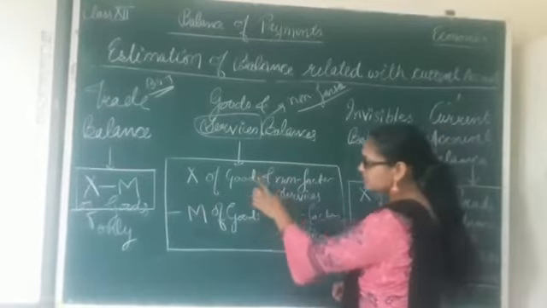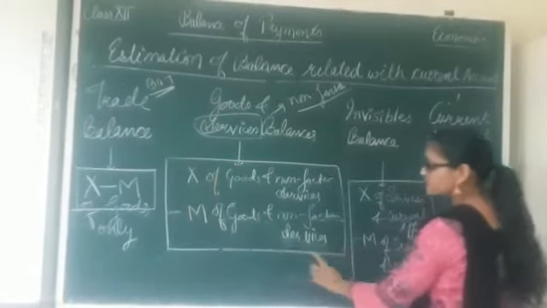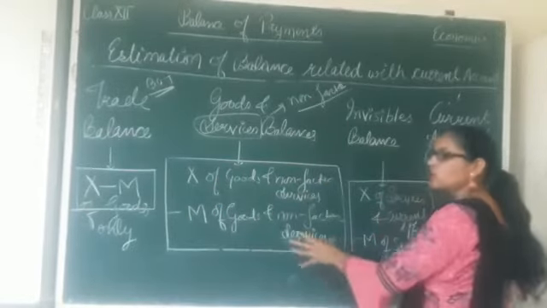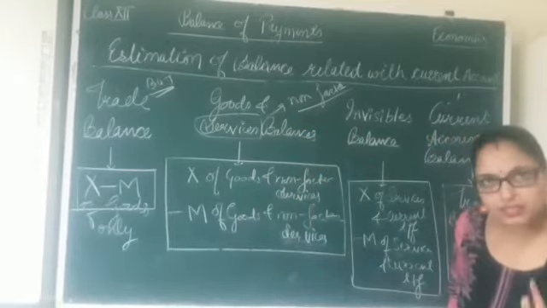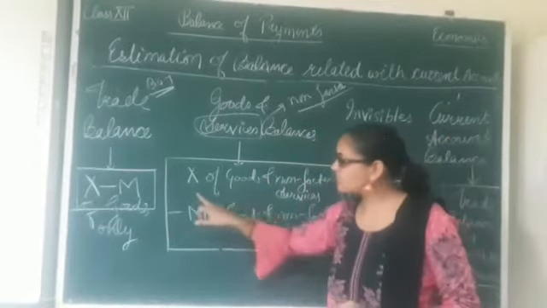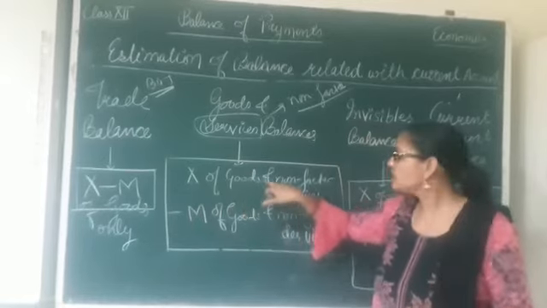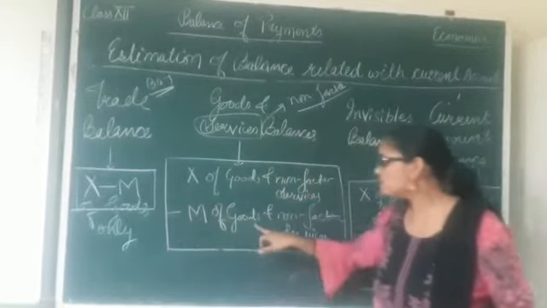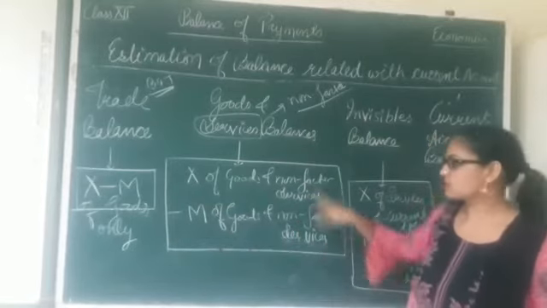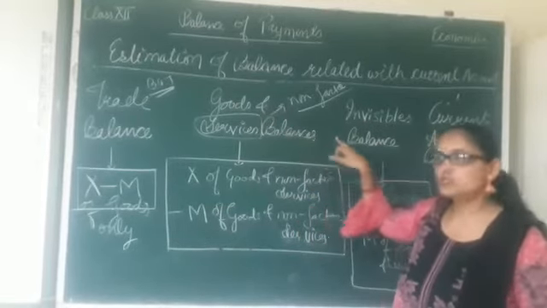So what is here? This is the balance of trade and this is the balance of non-factor services. When you add them up, that is the goods and services balance. Export of visible goods and non-factor services minus import of goods and non-factor services. This is termed as goods and services balance.